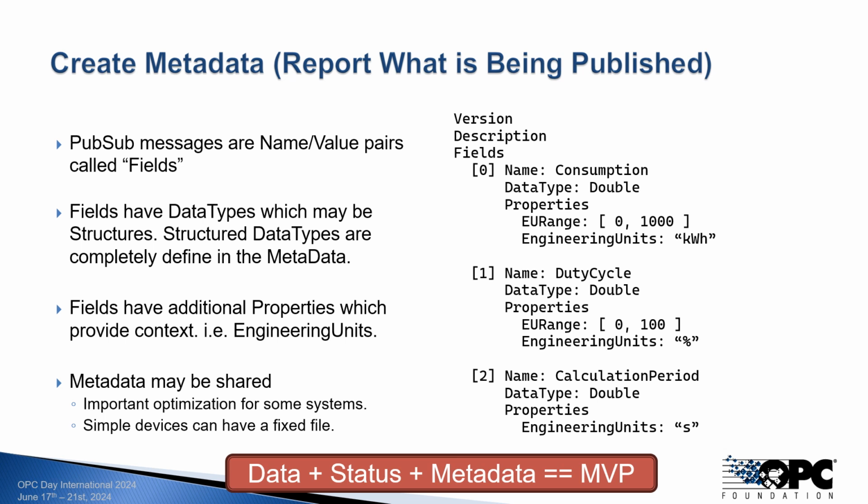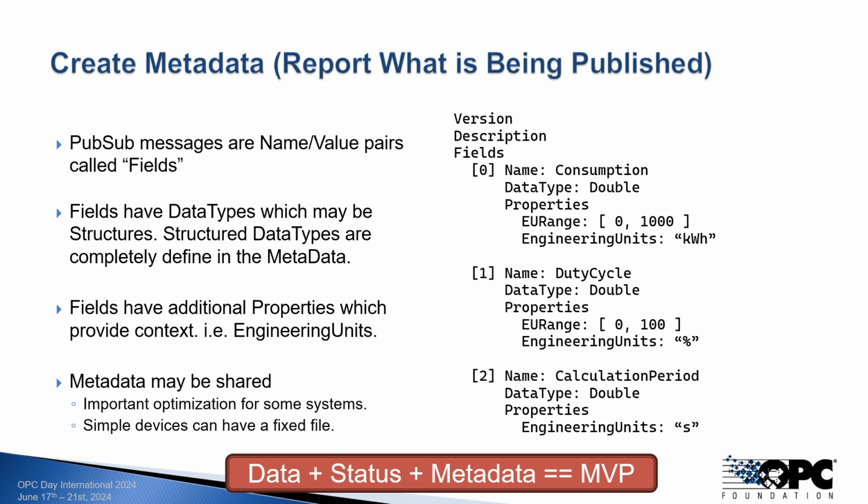Another optimization that's available is you can actually share metadata across multiple publishers. So if you have a factory where you've got 50 of those power consumption meters distributed at different places and they're all publishing the same data, the same messages, you can have a single publisher that's publishing the metadata that gets reused by everybody. And so you don't need to be sending this information out multiple times for every individual instance.